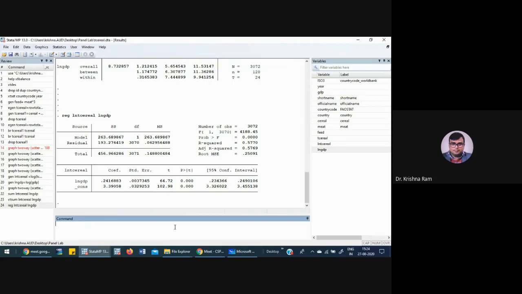But as we discussed in the theory, in the presence of unobserved cross-sectional heterogeneity, we get correlations between error terms.